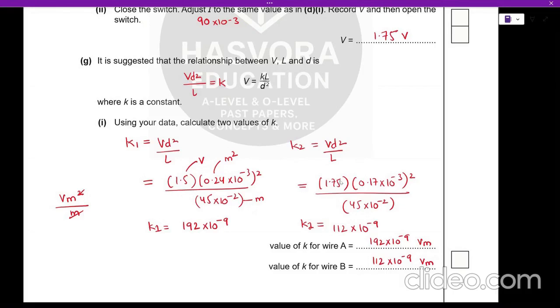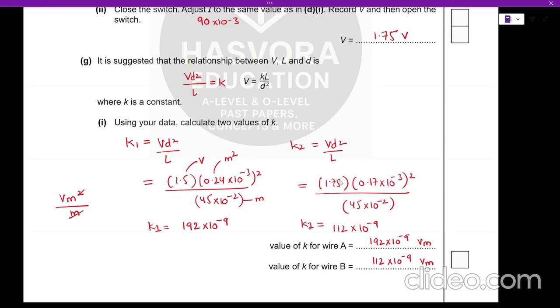Then we will calculate the value of K for our first values of V, D and L, and then K2. For K2 we would use the other values, the 1.75, the 0.17, and the length was the same for both.